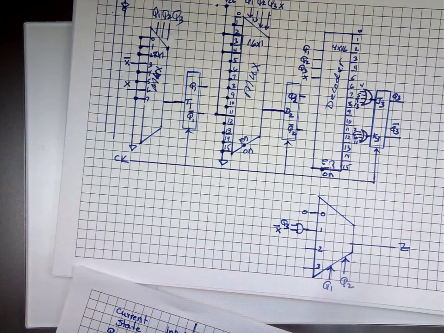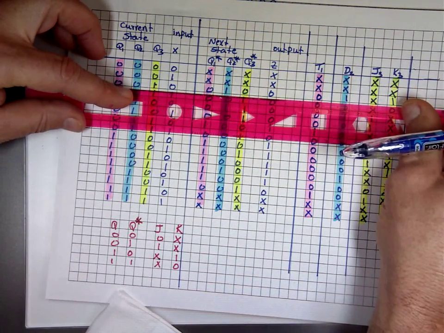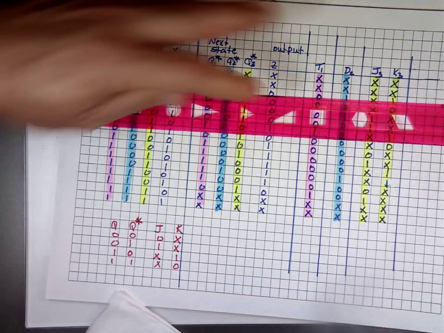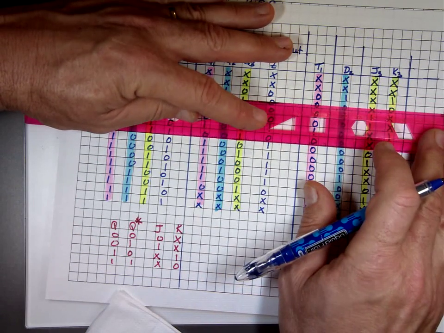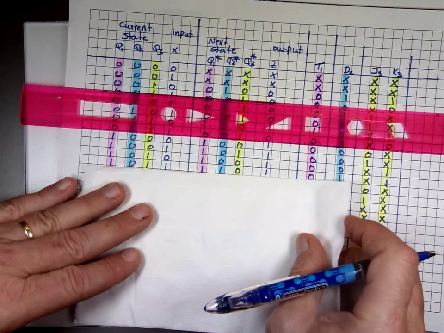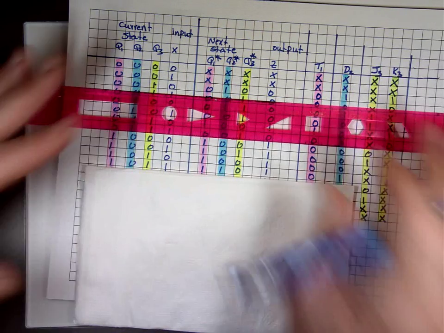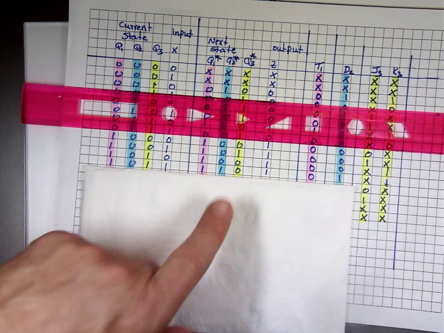Now the next one is 1, 0. The next 4. Notice it's always a 1. VCC or 1.